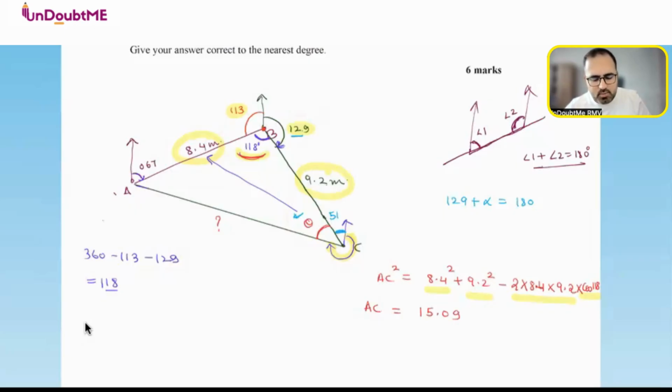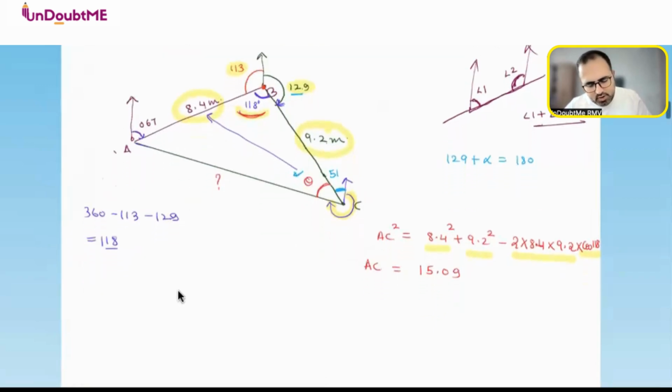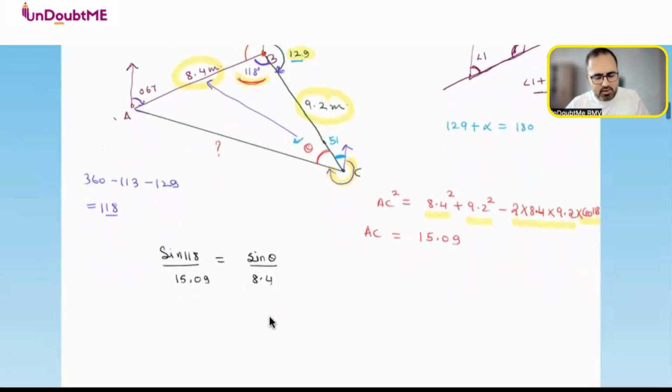We need to get theta at the end. So for that, we should use sine rule. The same formula which I had written before, I'll be writing it again now. Since I have AC, I can go with sine rule. I will write sine 118 over AC, which is 15.09, equal to sine theta over 8.4, and rearrange to get theta from here.